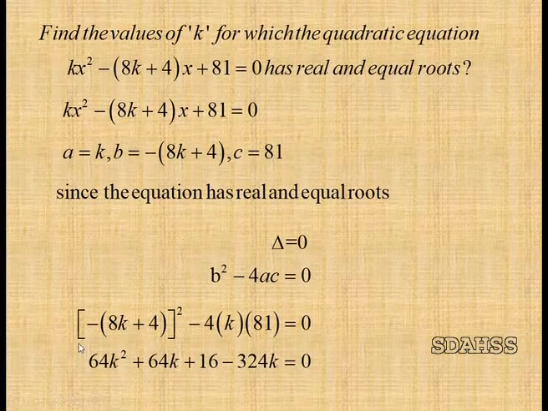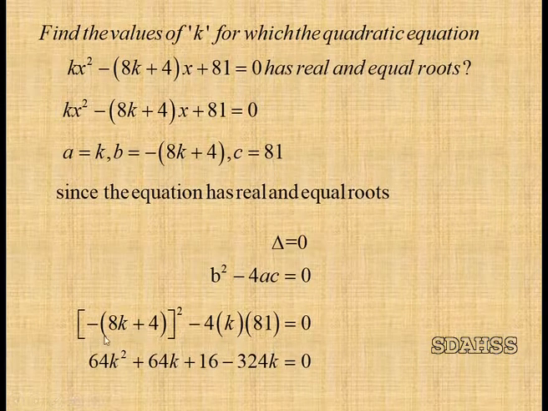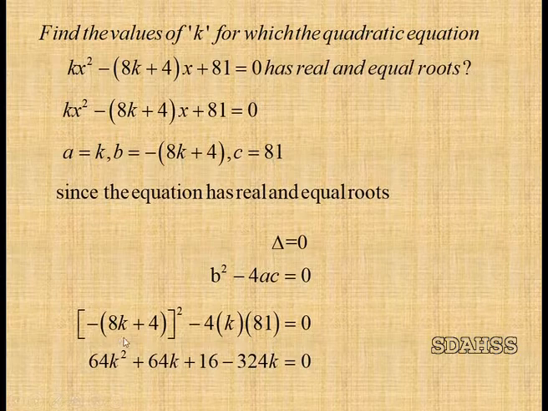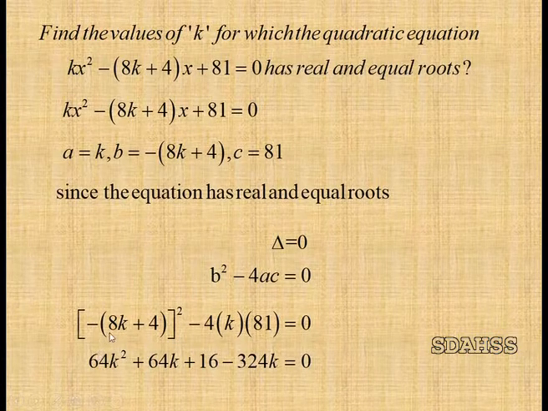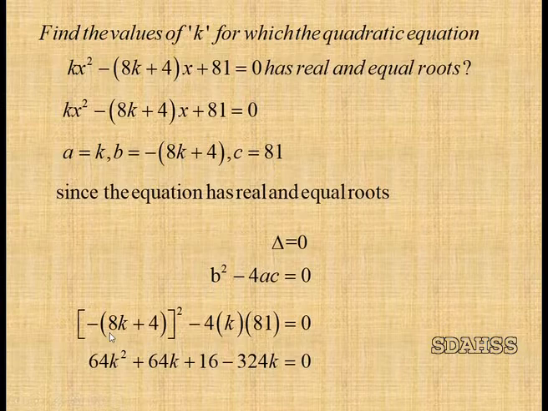Minus whole square means plus, so (8k + 4)² is in the form of (a + b)², which means a² + b² + 2ab. So (8k + 4)² can be written as (8k)² + 4² + 2 × 8k × 4.